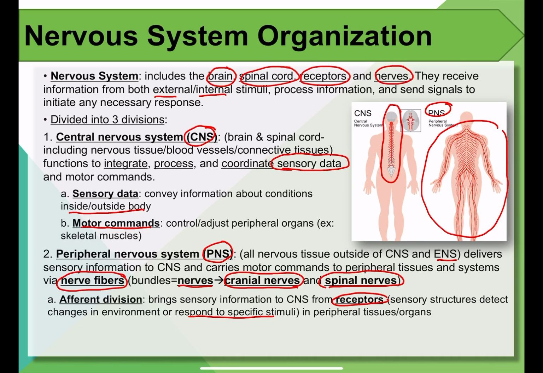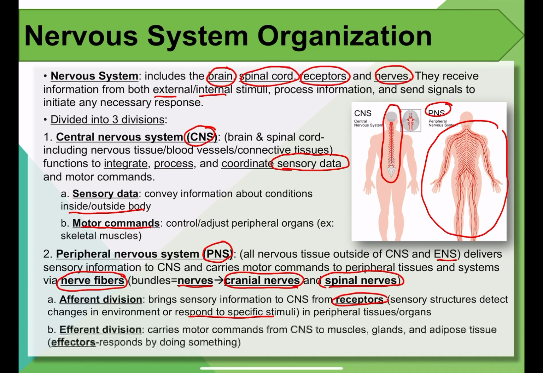Afferent, A for arrival. And hence, the other subdivision of the peripheral nervous system is the efferent division. The efferent division is the one carrying motor commands from the central nervous system towards your effectors, which are your muscles, glands, adipose tissue, whatever responds to that sensory information coming through.